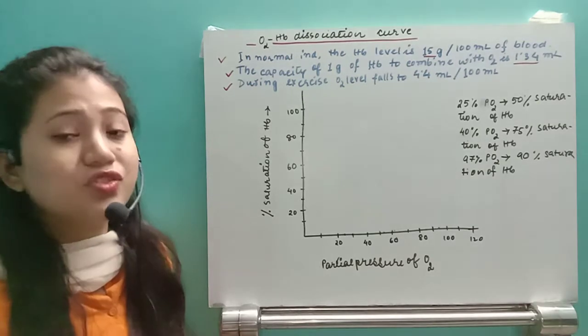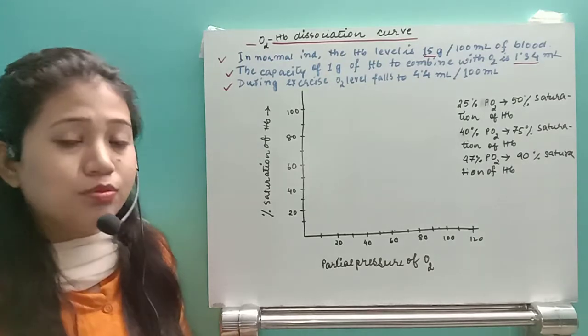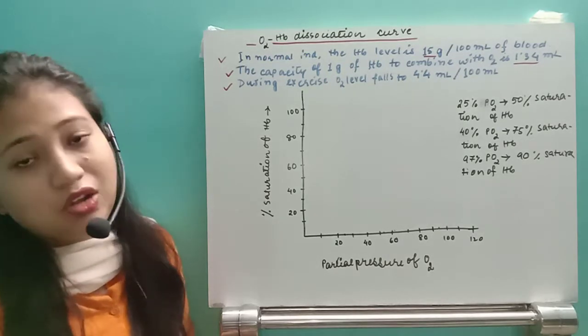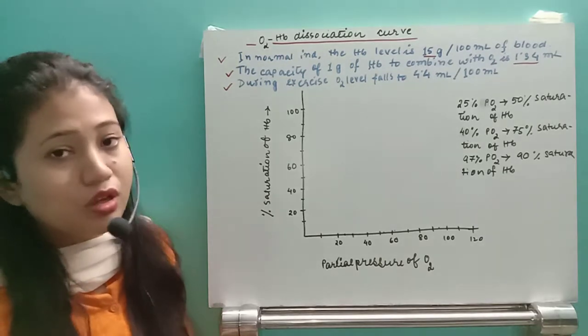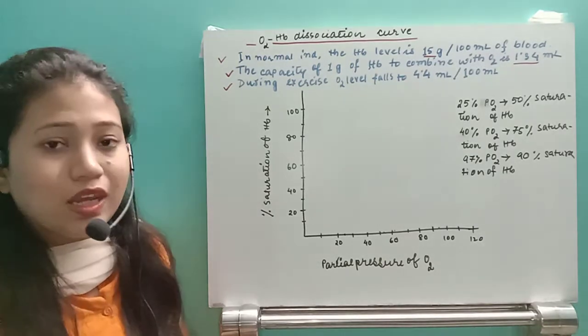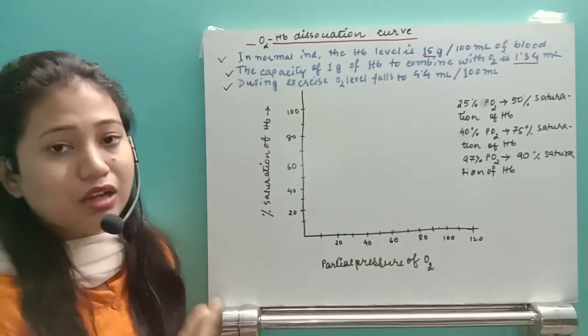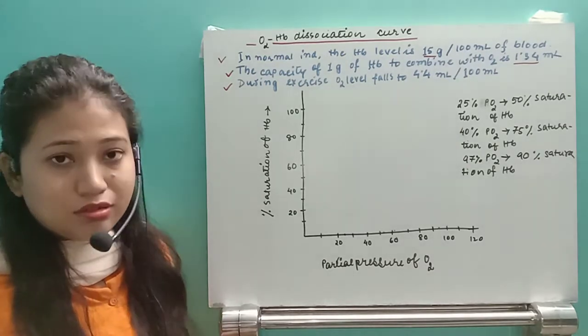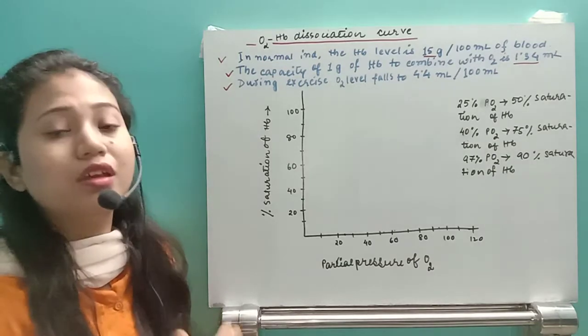That means we will have a shallower rate of breathing so that maximum oxygen can reach the alveoli and give it to the tissues. That's why whenever we exercise, we start panting, that means we start to breathe faster, so the depth of breathing decreases.